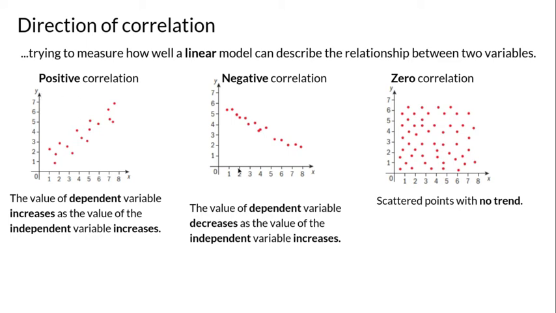With negative correlation, as one variable increases, the other one decreases, so it becomes smaller. And when there is no correlation, there is no trend, so no association between the two variables. So this is something you should have been familiar with by now because it was in Khan Academy.